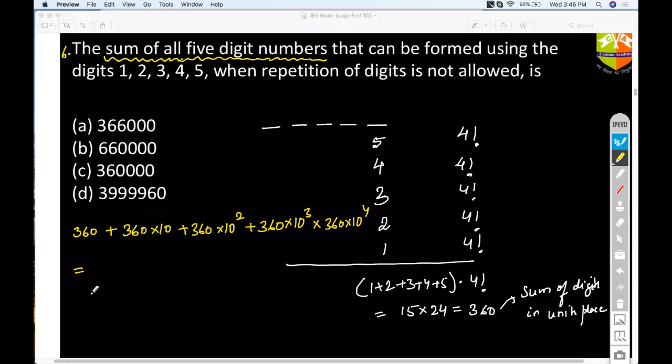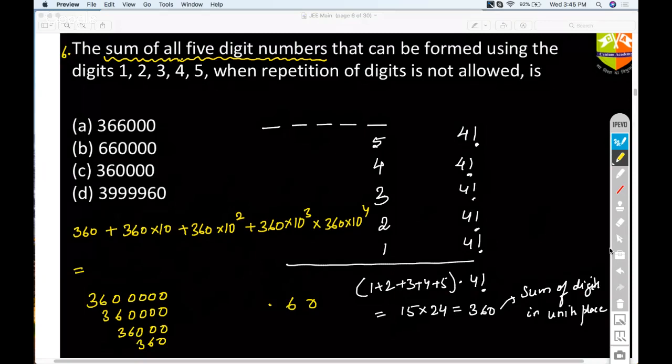Okay. So this is going to be 360 followed by 4 zeros. And again, we'll have 360 followed by 3 zeros. Again, 360 followed by 2 zeros. And finally, 360. I'm sorry, I think I made a mistake here.